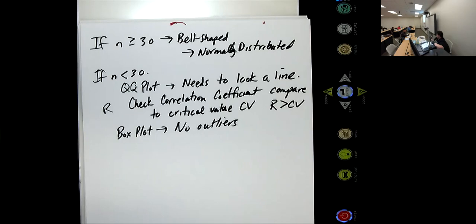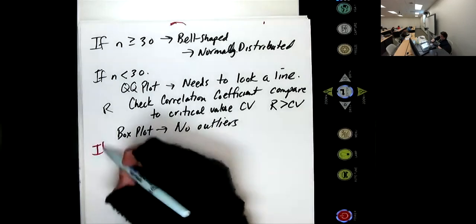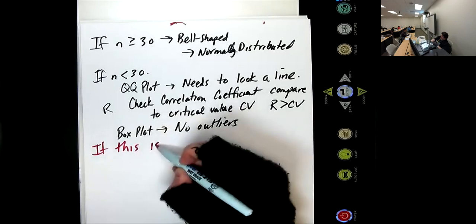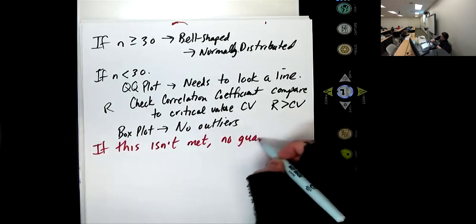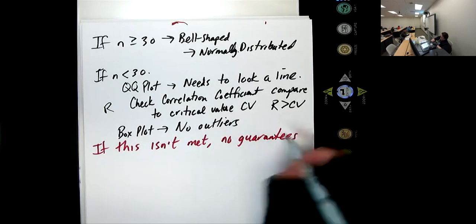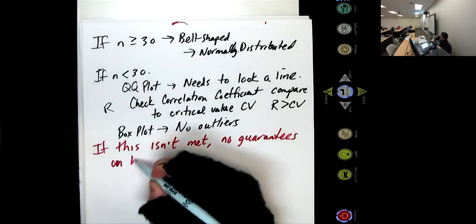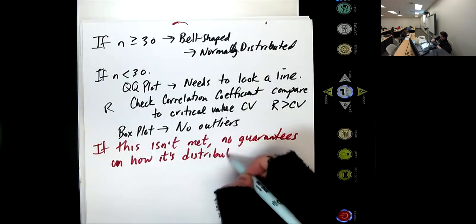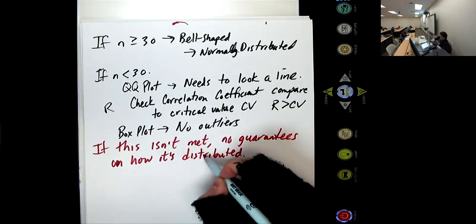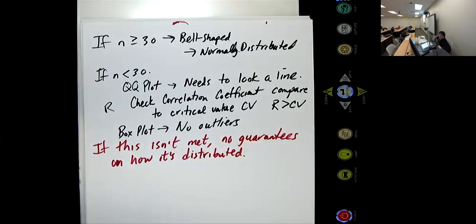If we don't meet them, using the normal distribution may not be accurate. No guarantees on our distribution. The easiest one to fix here is to do more samples.